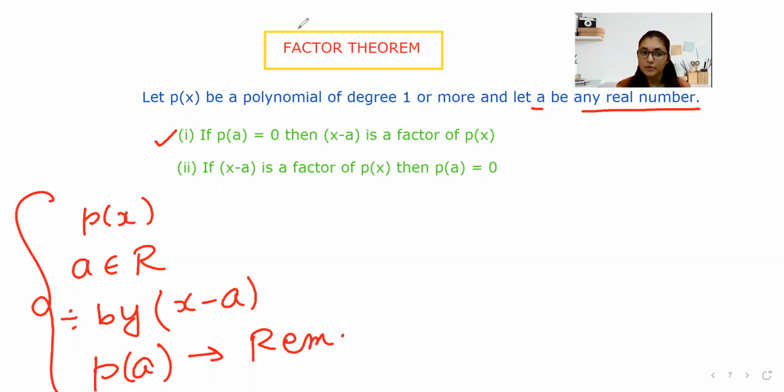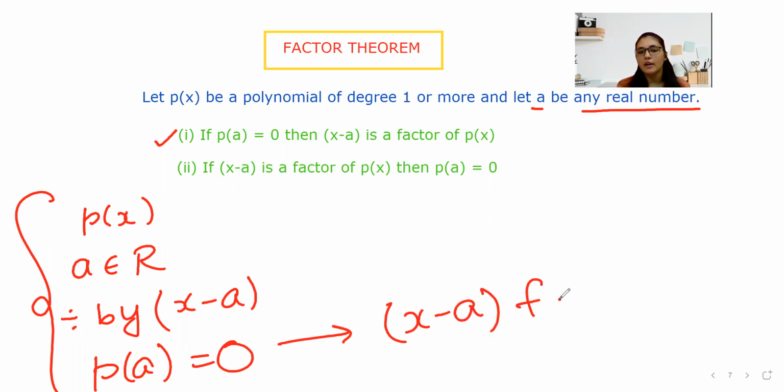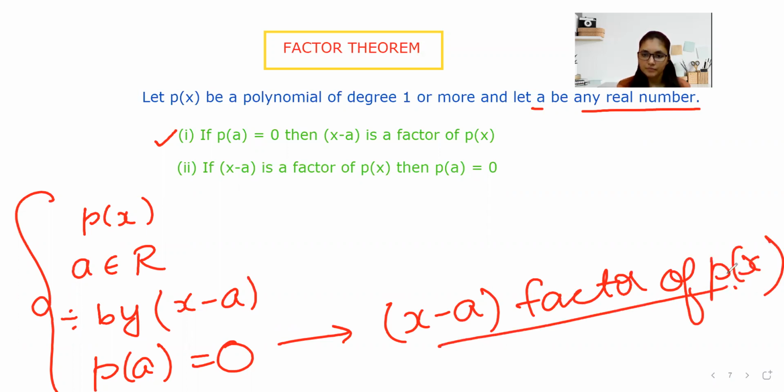So the factor theorem says that if you are getting p(a) as 0, meaning the remainder is 0, then x minus a will be a factor of polynomial p(x).